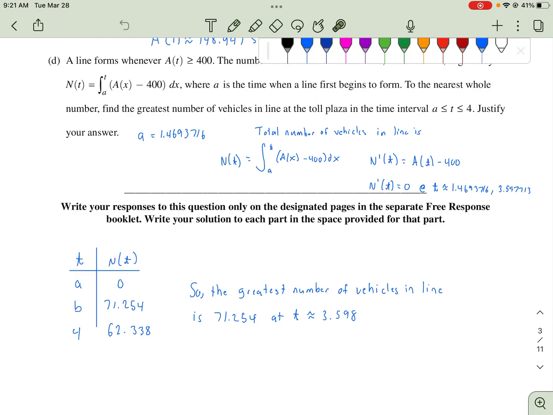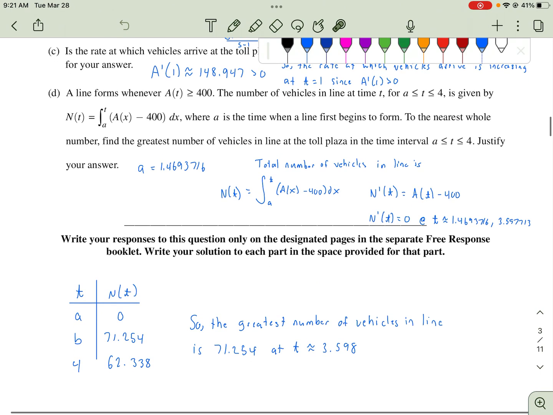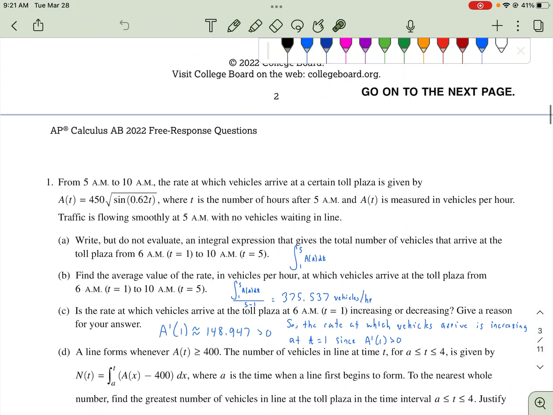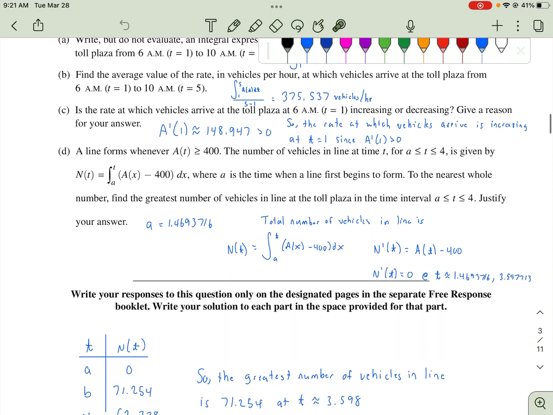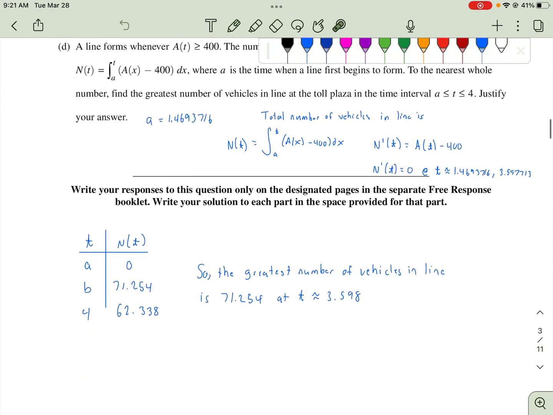I used those values. A, I labeled as this number, and that was the moment that cars start getting in line, so there were no cars in line at that point. And then I did B, which was a thing defined for us. Maybe I didn't write it down. But B is this number.